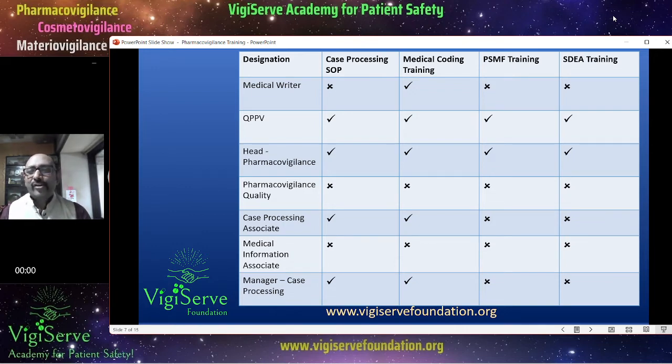For example, if you're talking about the QPPV, there is a tick against all these processes. So a QPPV needs to know everything. Head of pharmacovigilance, again, you can see that there is a tick against everything. Now, a medical writer doesn't need to know about the PSMF or a safety data exchange agreement, right? So that is why there is a cross.